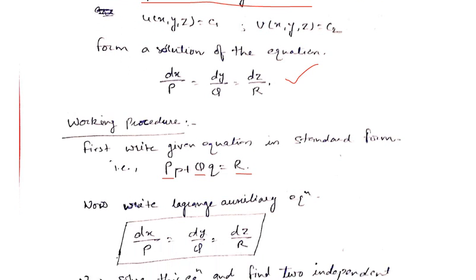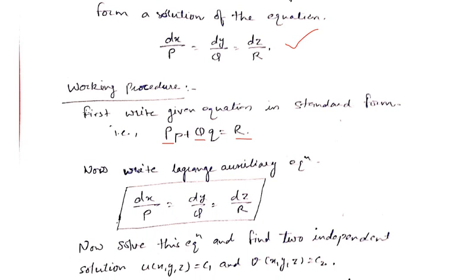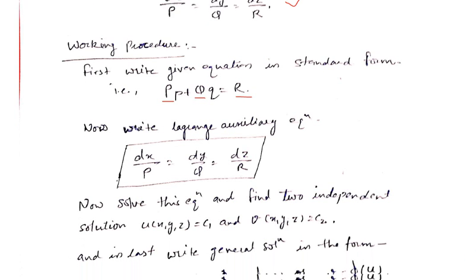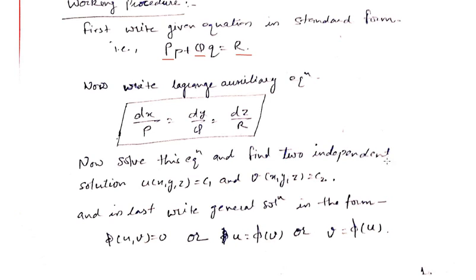Now what about its working procedure? First we write the given equation in standard form, which is Pp plus Qq is equal to R. Then we write the Lagrange auxiliary equation, which is dx upon P is equal to dy upon Q is equal to dz upon R. Now we solve this equation to find two independent solutions, namely u and v.